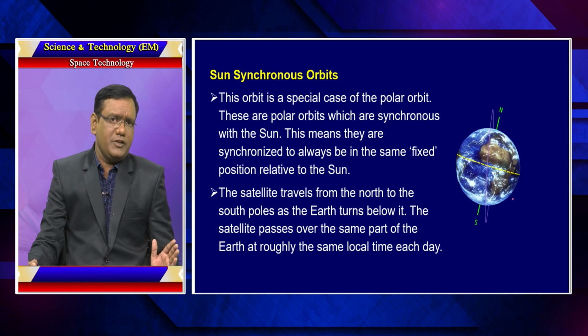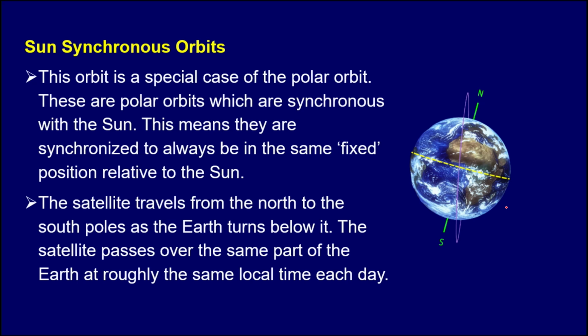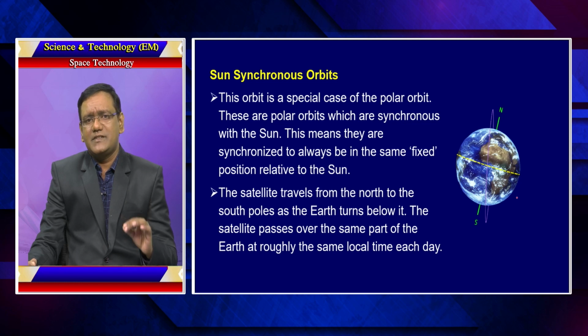So this satellite travels from the north to south poles as the Earth turns below it. The satellite passes over the same part of the Earth at roughly the same local time each day.